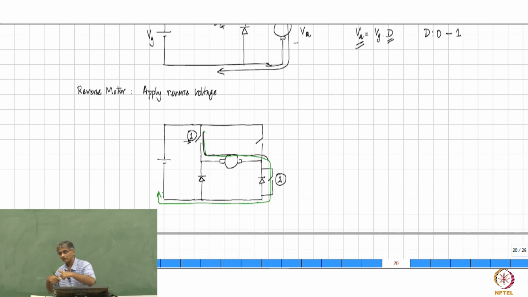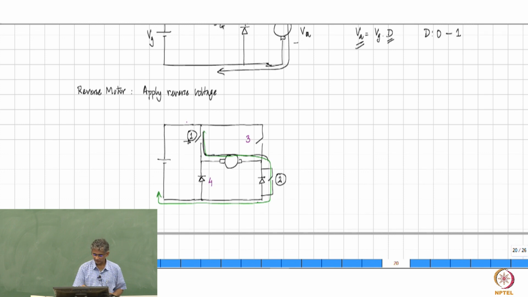Now, if you want to reverse the direction, what should you do? You need to apply negative voltage to the motor. Negative voltage means whichever of the two terminals of the motor was being applied to Vg on the higher side, that has to go to the opposite side now. Right? So, what one can do is, instead of operating switch number 1 and 2, you operate 3 and 4.